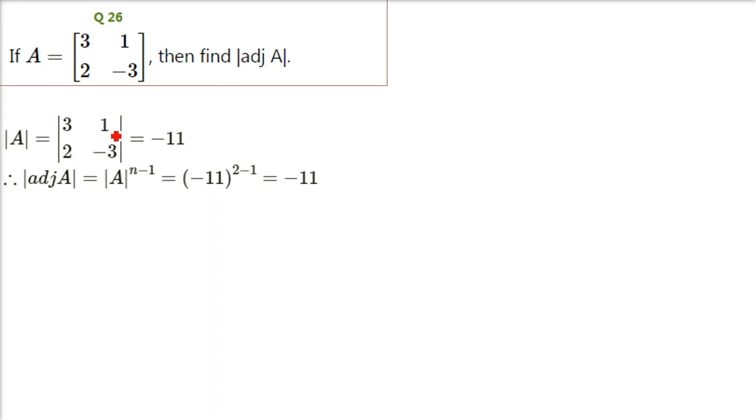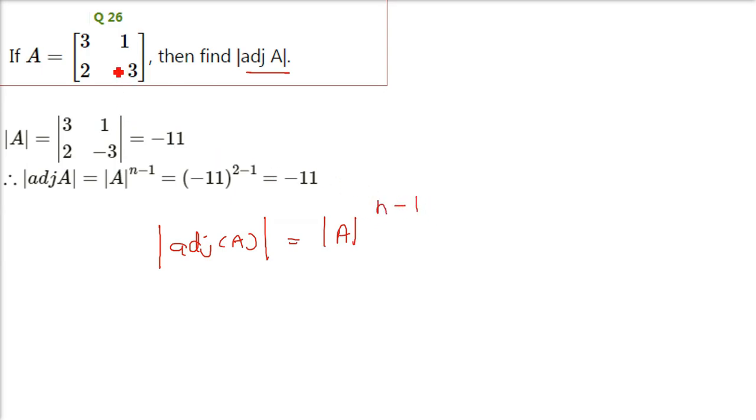It's very easy to find the adjoint of A and then find the determinant, right? We already know how to do the adjoint of A: exchange the diagonal values and change the sign of the other values, for 2 by 2 specifically. But we have a proper relationship here, which we already did in the previous question. The determinant of adjoint A is nothing but determinant of A raised to the power n minus 1, where n is the order of the matrix.